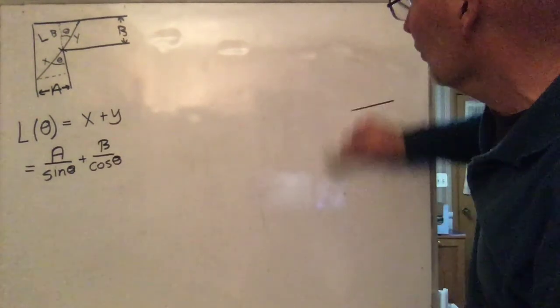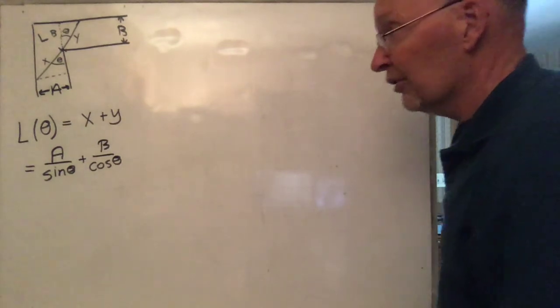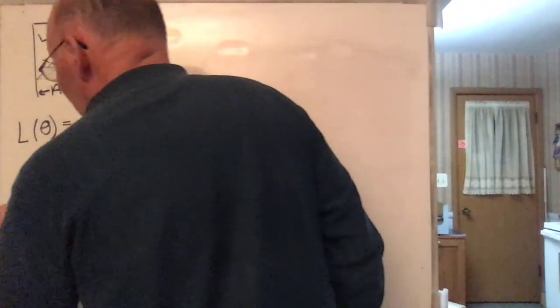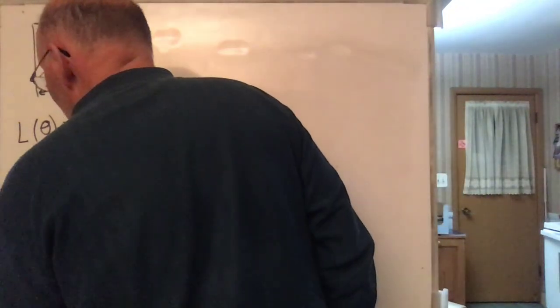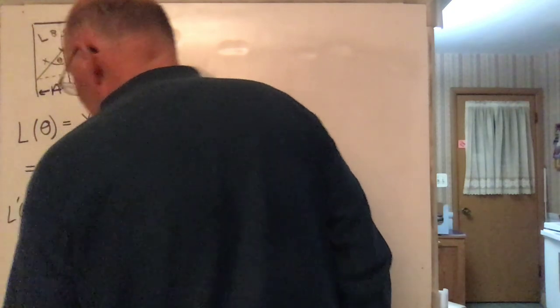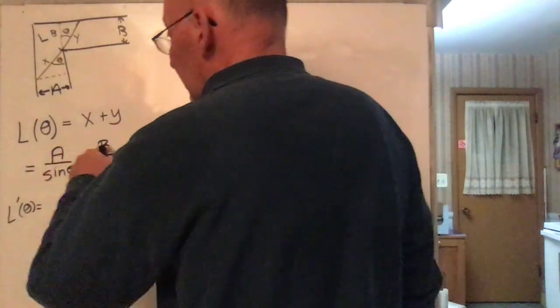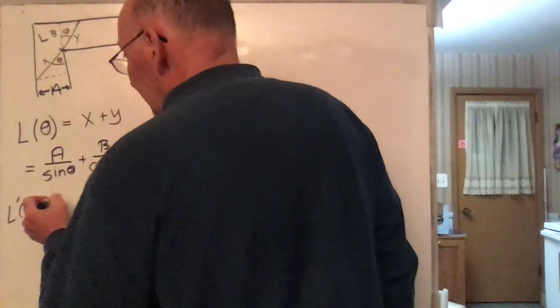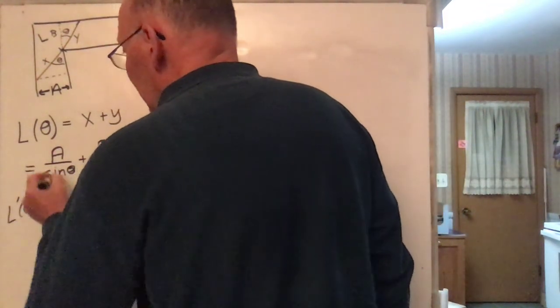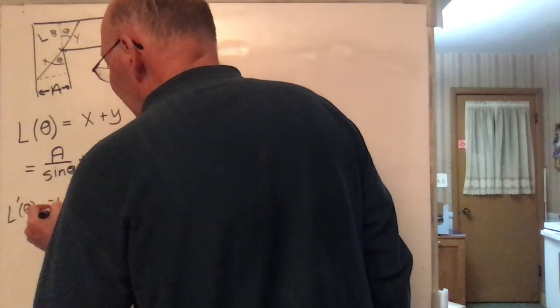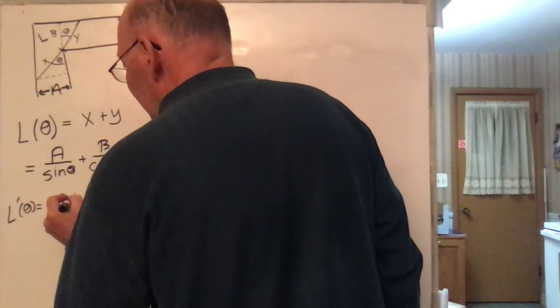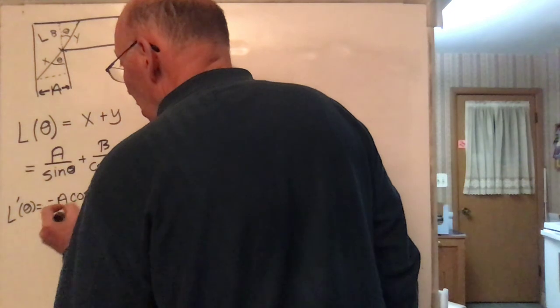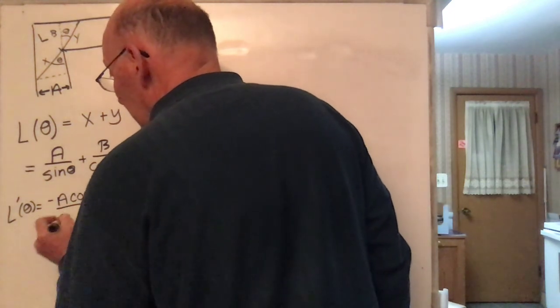And that's going to be, of course, where the derivative is 0. So let's go ahead and take the derivative and see what we get. So here's L prime of theta. And a and b are constants. So we take the derivative of the top, which is 0, times the bottom, minus the top, times the derivative of the bottom, all over the bottom squared.